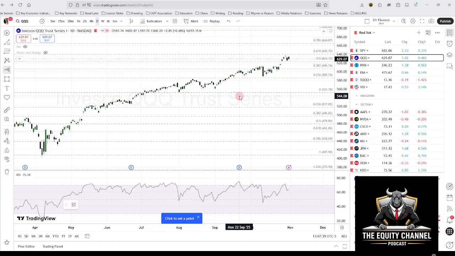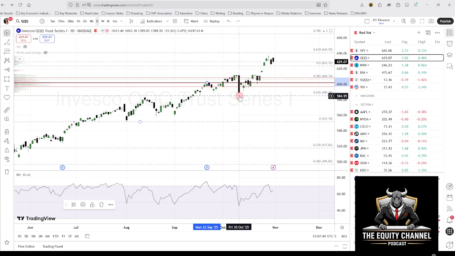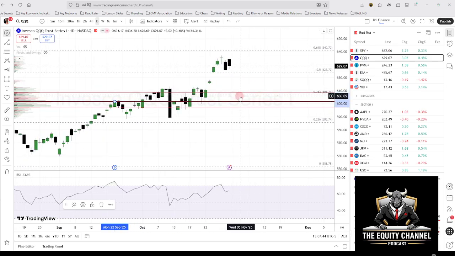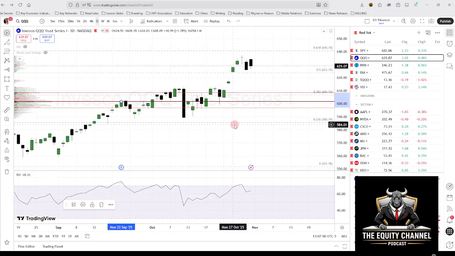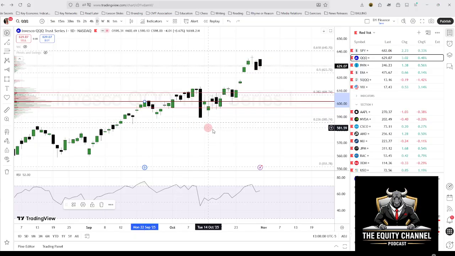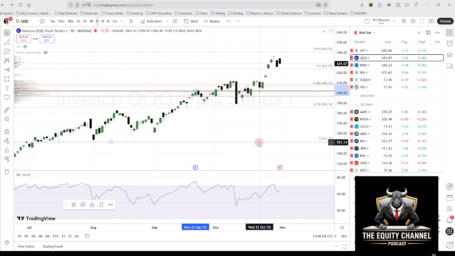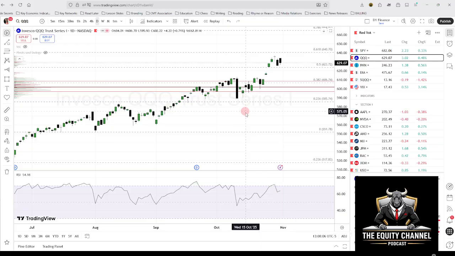Right around here. So, you're looking at a little more of a tighter window here for your anchor volume profile on the Qs. Okay, so yeah, you have a lot of exploring to do down here.